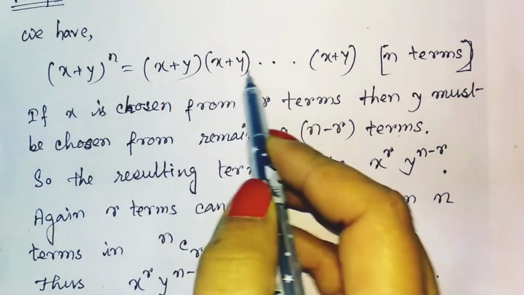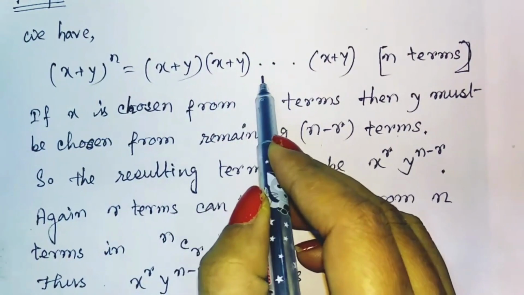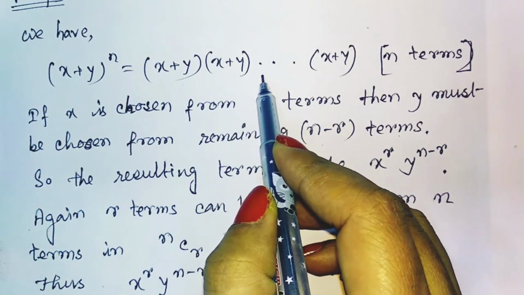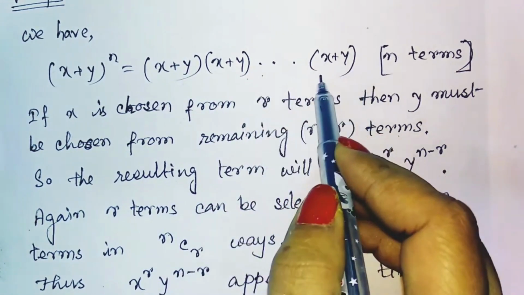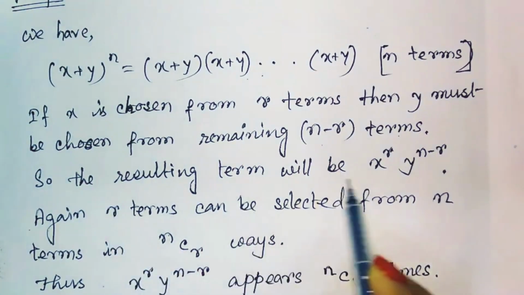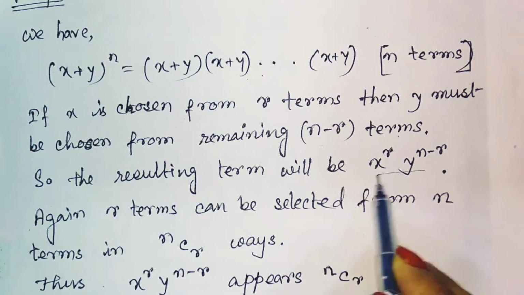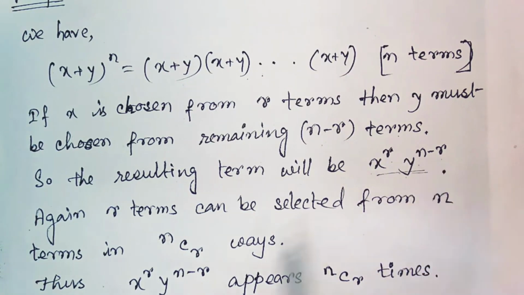We can take r factors from here for the power of x, and the remaining factors we can choose for the power of y, so that we will find terms of the kind x to the power r, y to the power n minus r.